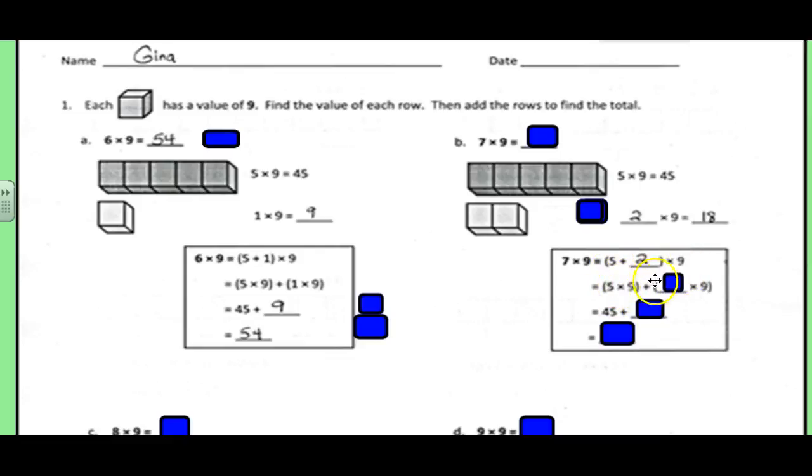We've got 5 times 9 plus 2 times 9. We know that 5 times 9 is 45, and we know that 2 times 9 right here is 18. So now you had to add 45 and 18, and 45 plus 18 is 63, which you needed to write right here, and you also needed to come up here to the top and write 63 as well.